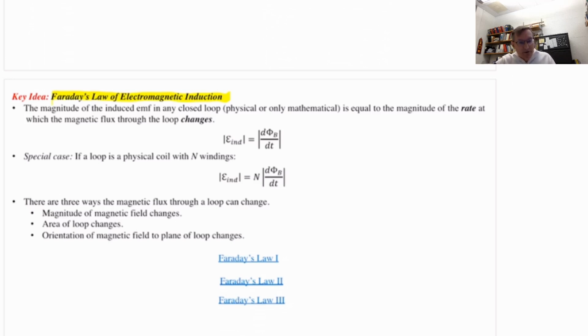I want to show you that with an actual video. I'll also show it to you in the class itself, but let me show you here, because Wiley Plus has a video demonstration of a person changing the magnetic flux through a loop, and then with a very sensitive device called a galvanometer, which can measure current, showing that you can get a current in a loop when the magnetic flux through the loop is changing with time.